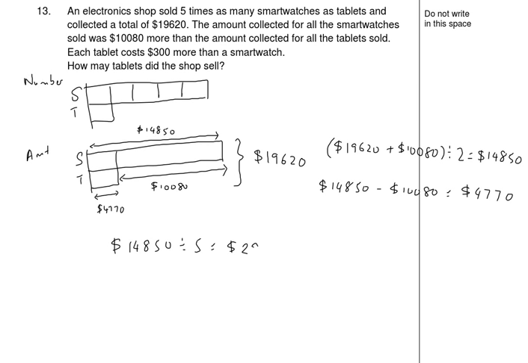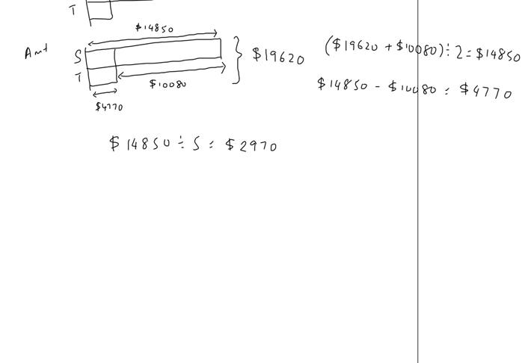Now we are comparing 1 unit. So I have smartwatches and tablet. 1 unit is actually 2,970, and the other 1 unit is actually 4,770. This is for 1 unit each, right?